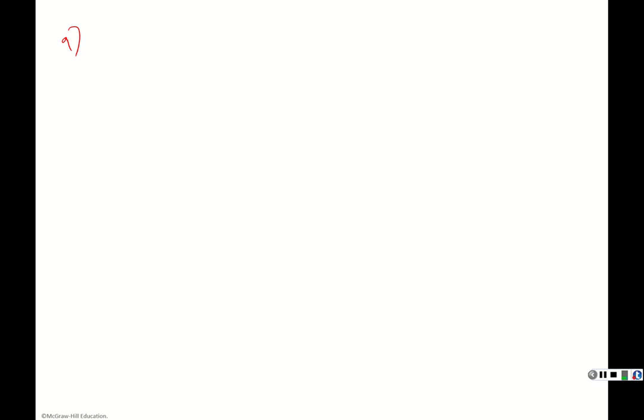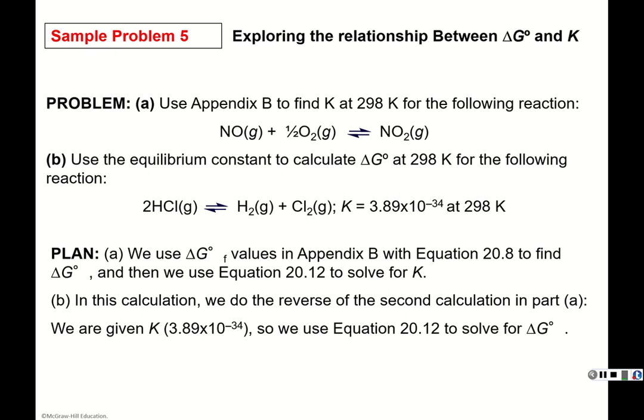If we look these values up, we would need a delta G naught, and we have our reaction.